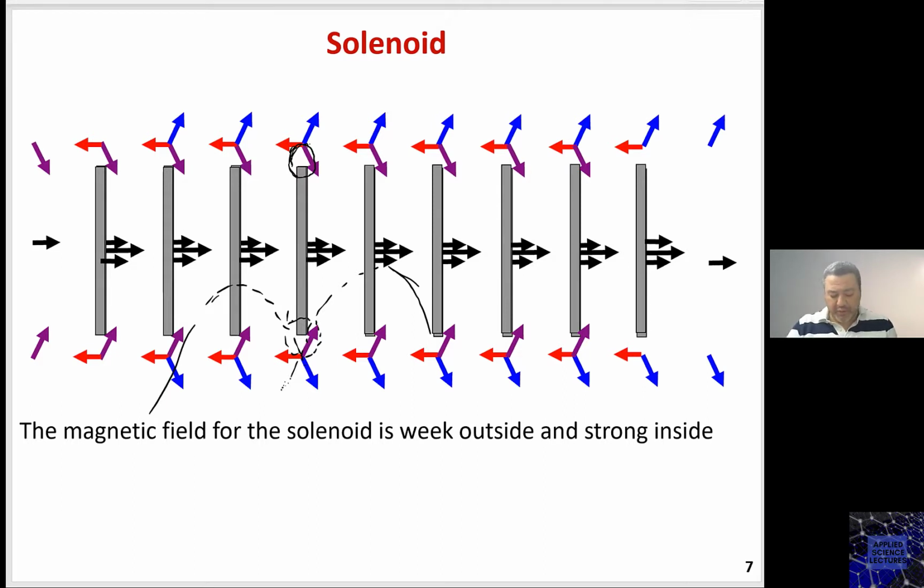So now if you look at the magnetic field outside the solenoid, it will be weak at every single point here.